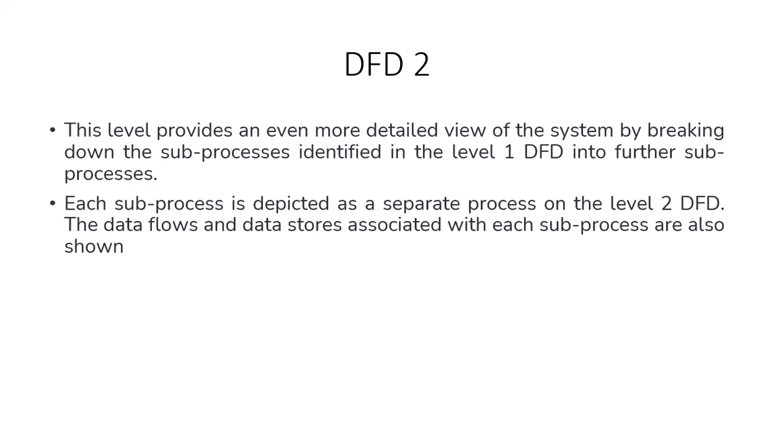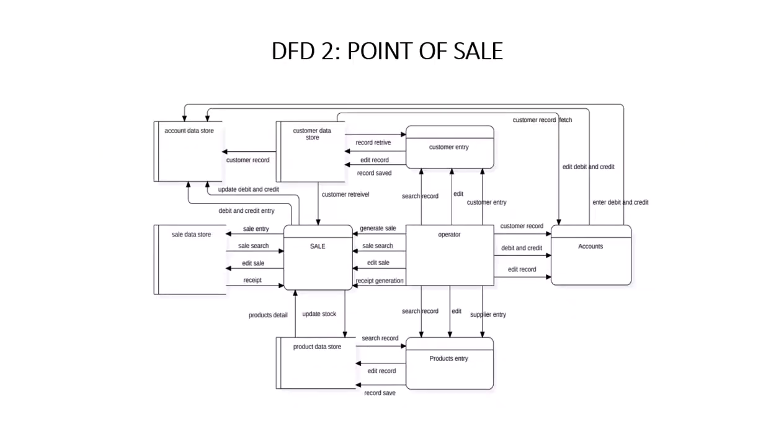Each sub-process is depicted as a separate process on level 2 of the DFD. The data flows and data stores associated with each sub-process are also shown. So we have not changed the application processes, but the sub processes involved, the concrete details involved, are mentioned.